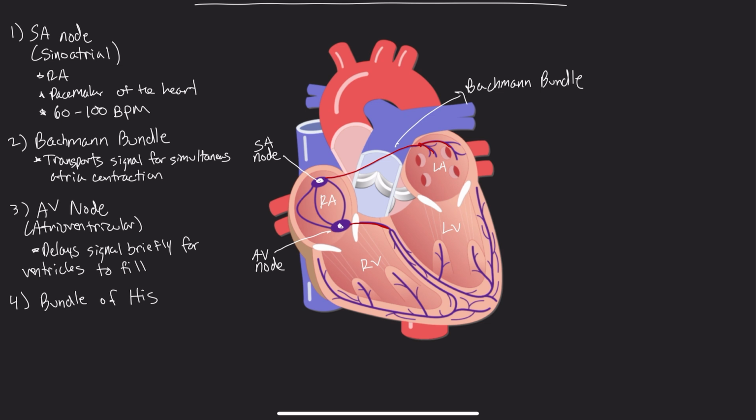This is your bundle of His. And the function of this is to carry that signal from the AV node into the interventricular septum. So this area right here in between there.